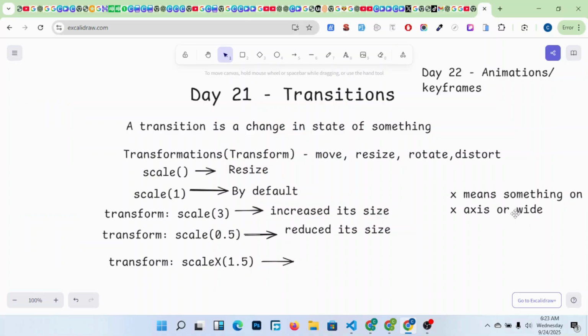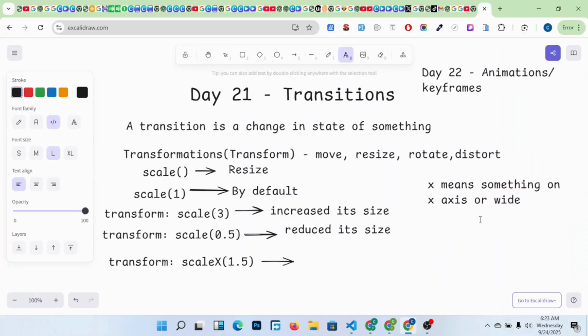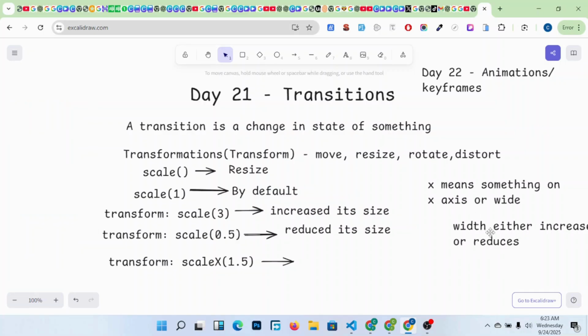If I say 1.5 on the x-axis, its width either increases or reduces. Members, do you see this?